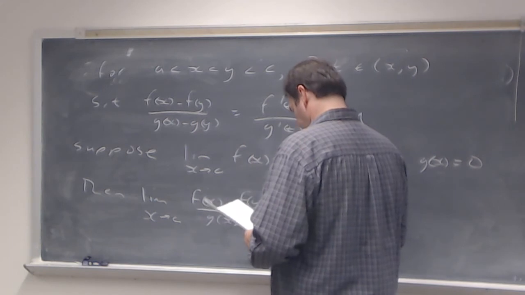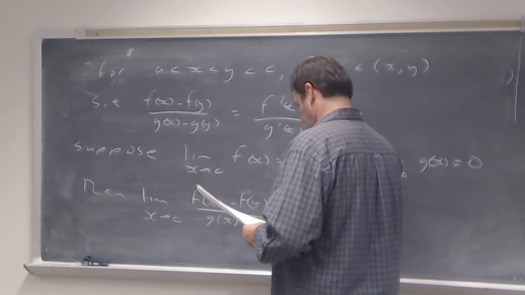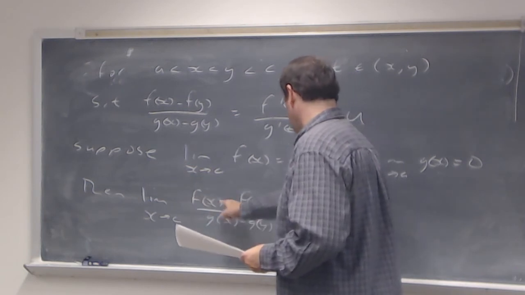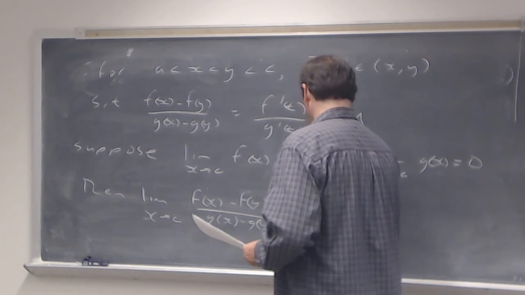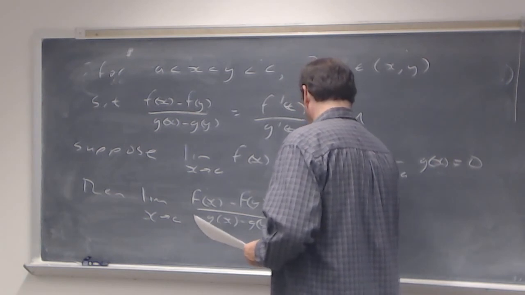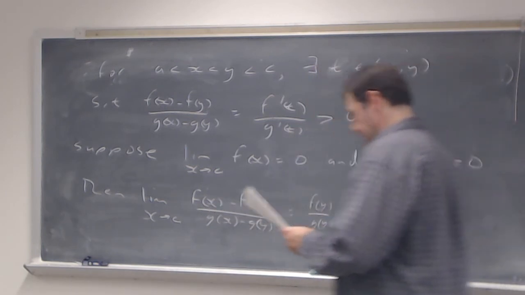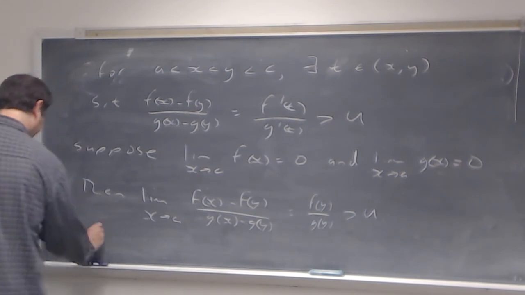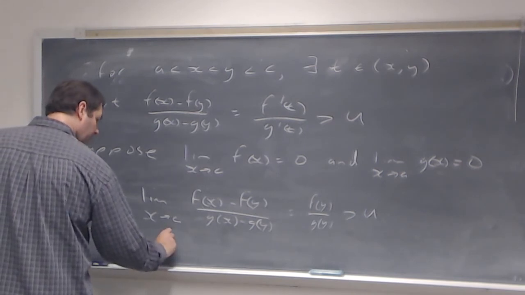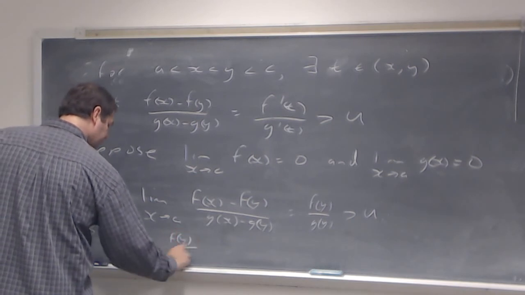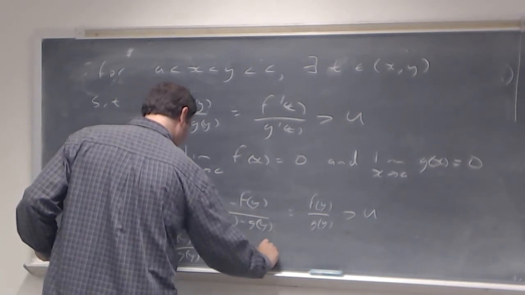What's left as x goes to a is f(y) / g(y), which is going to be greater than u. So the limit as y goes to a of f(y) / g(y) has got to be greater than or equal to u, which is greater than w.